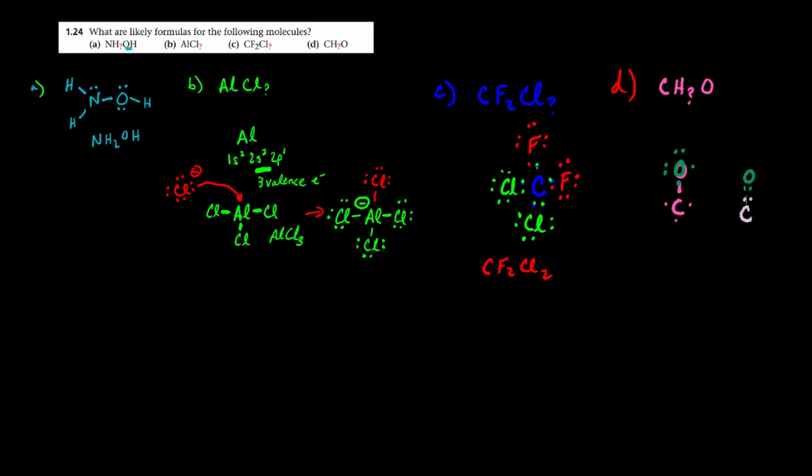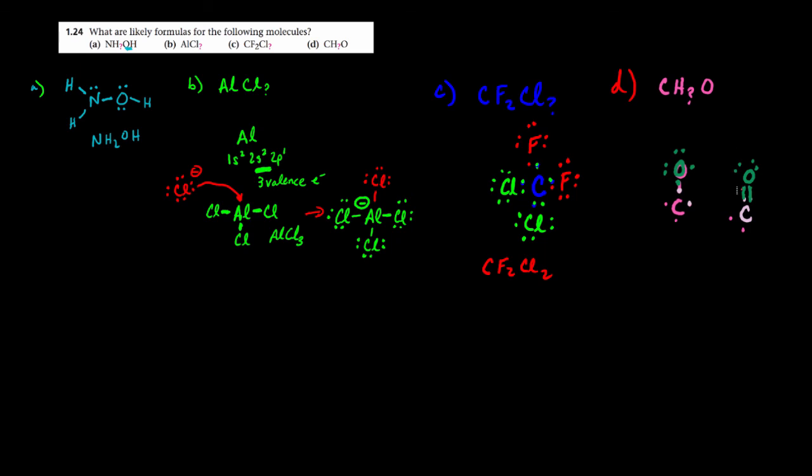So if 2 of these electrons on carbon, this one and this one, come together with 2 of these electrons on oxygen, we can essentially make a double bond, and that would give us, at least as far as the oxygen goes, 6 valence electrons.